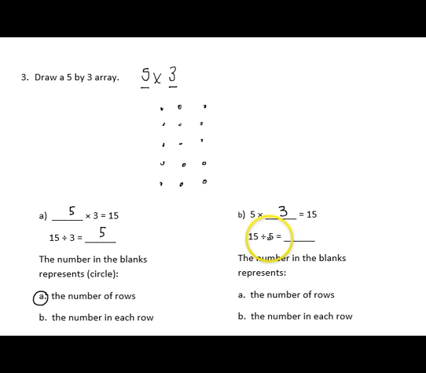If I take 15 and divide them into 5 rows, I get 3 in each row. In this case, the numbers in the blanks, or the 3s, tell me how many I have in each row. So same problem. Again, we're focusing on what do these numbers mean in our multiplication and division problems.